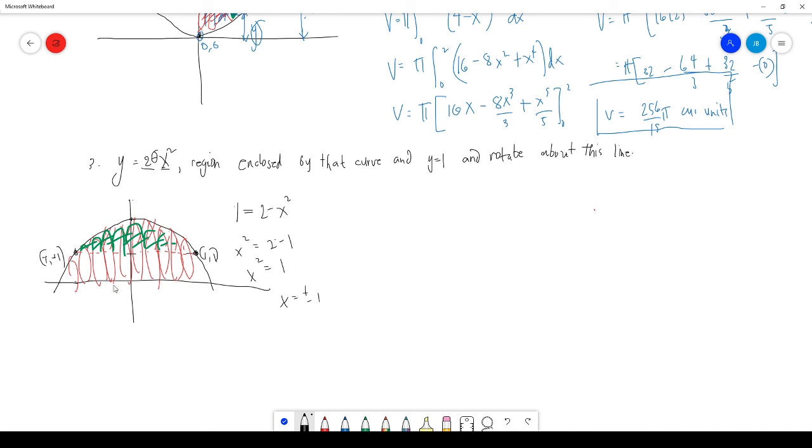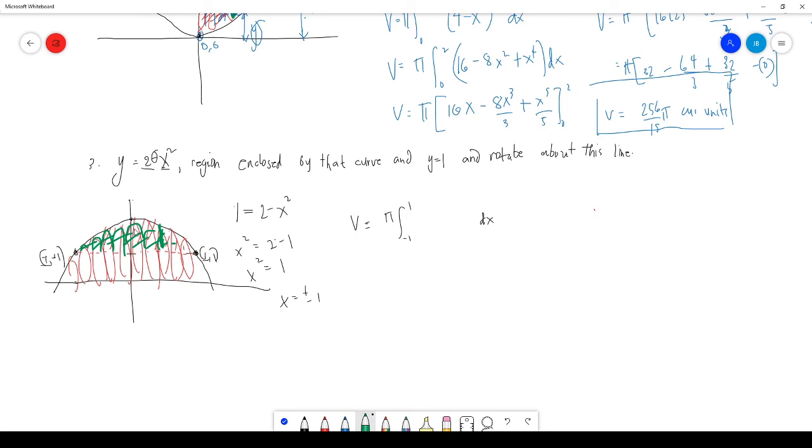Since we have the points of intersection, our limits, which is from negative 1 to 1, and then pi. Okay, so we now need to find the f of x, or the radius. So how are we going to find this point only?